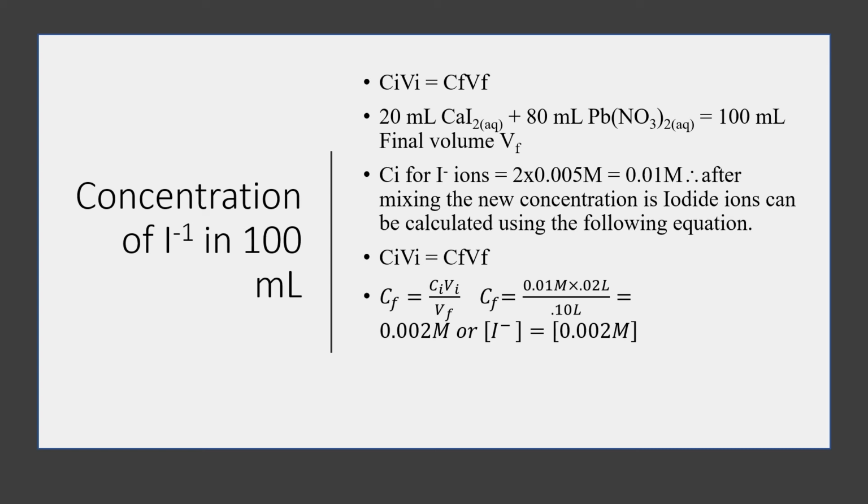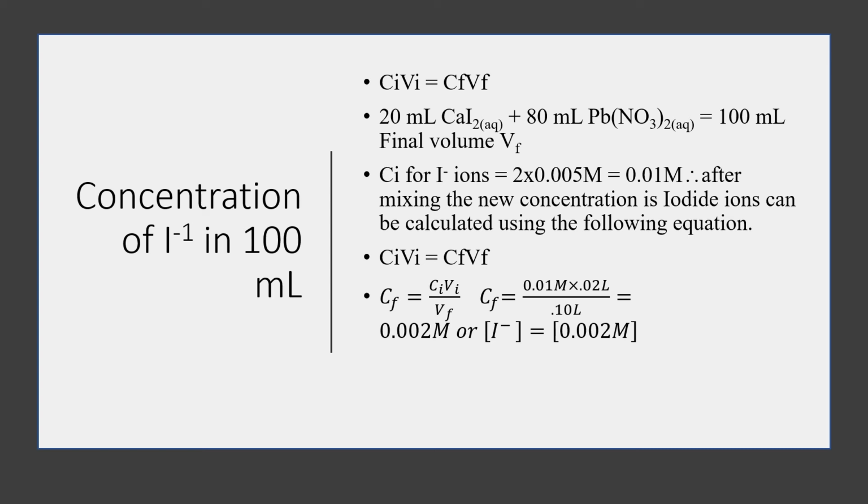So 20 mL CaI2 plus 80 mL Pb(NO3)2 is 100 mL. Ci for I−: I− comes from calcium iodide. CaI2 dissociates to give you Ca2+ and 2 I−.